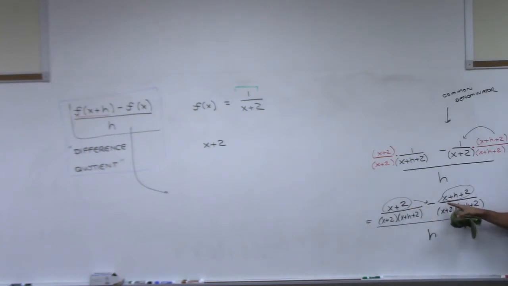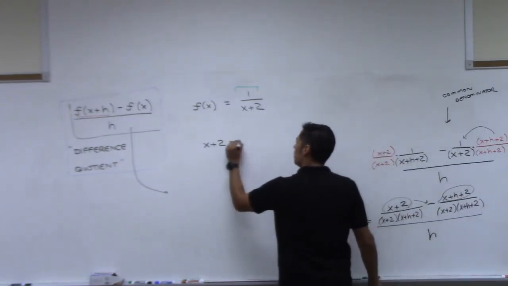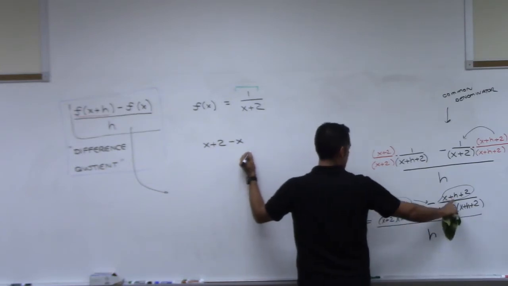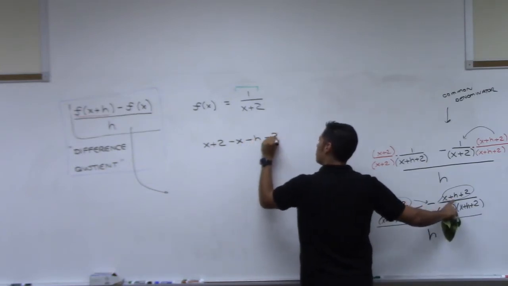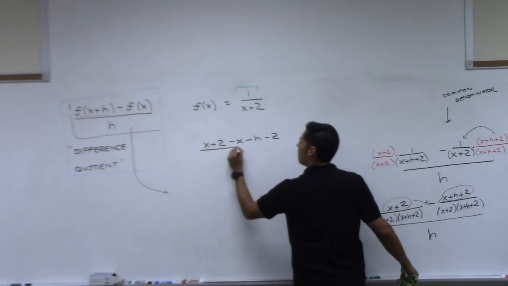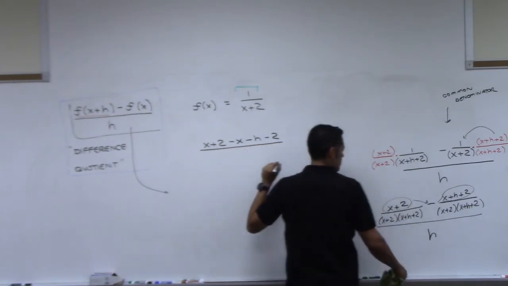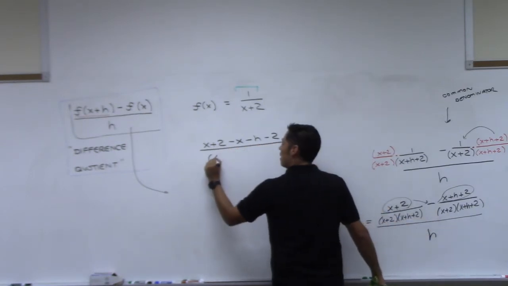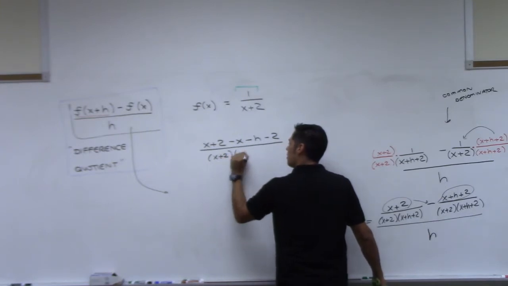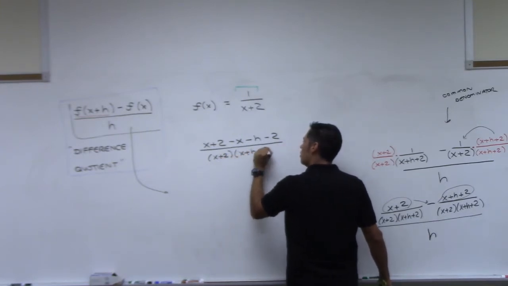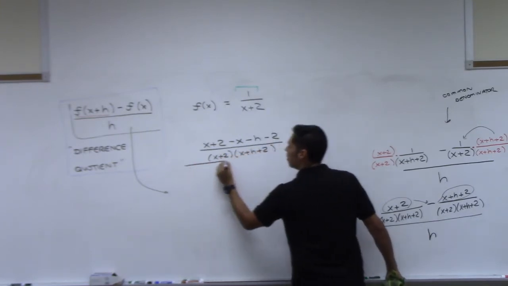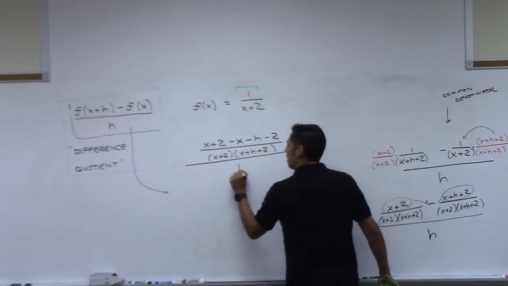Minus. So that minus needs to go to each of these? Yes. So it'll be minus x, minus h, minus 2. All over, not h yet, our common denominator, x plus 2 times x plus h plus 2, and then all of that over h.